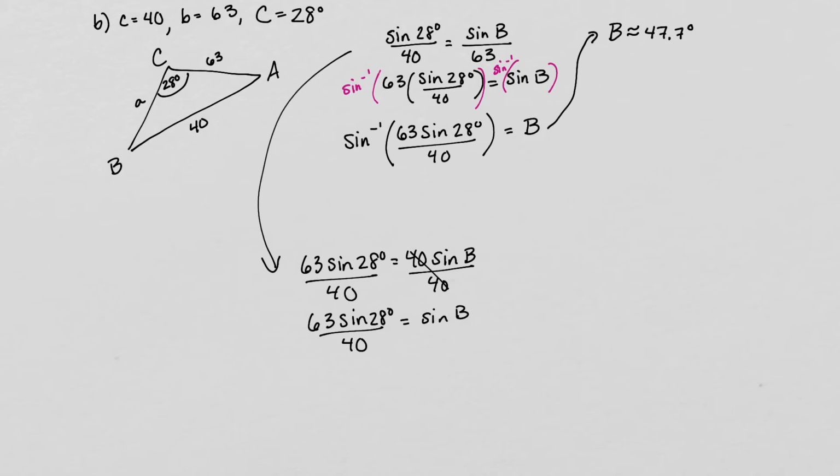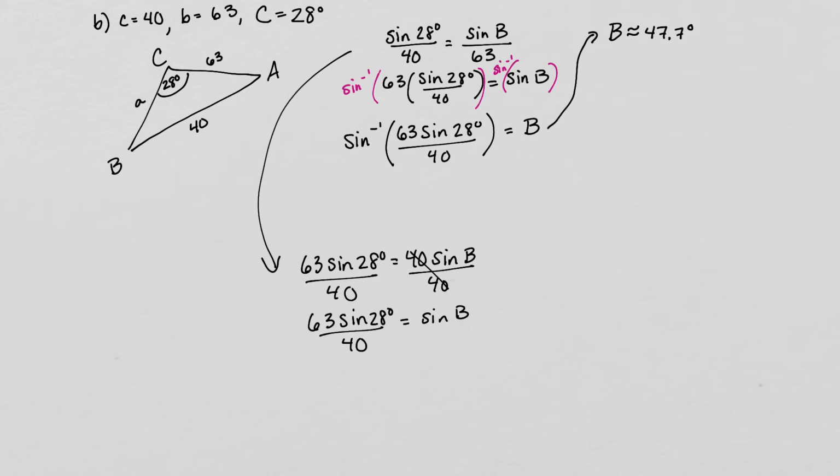Okay. When you use the law of sines to get an angle, we use the inverse. Remember when we did inverse functions, the inverse sine is only defined in quadrant 1 and quadrant 4. All of our triangles are going to give us values in quadrant 1 because we're dealing with positive angles.